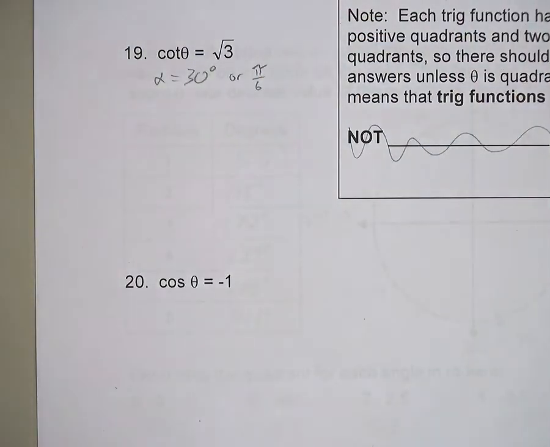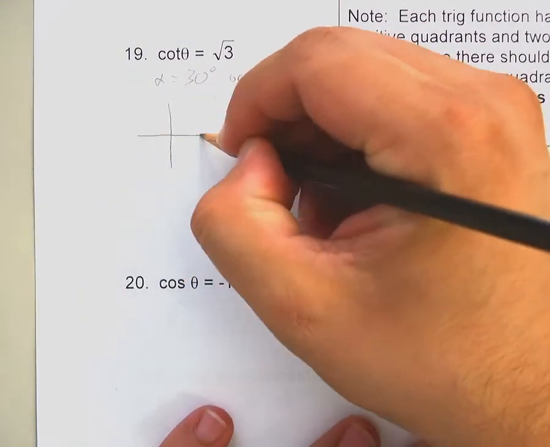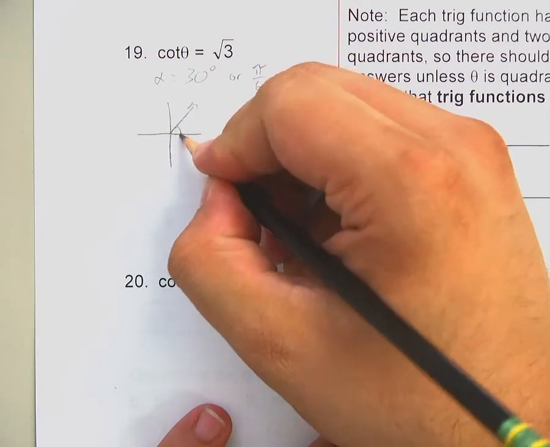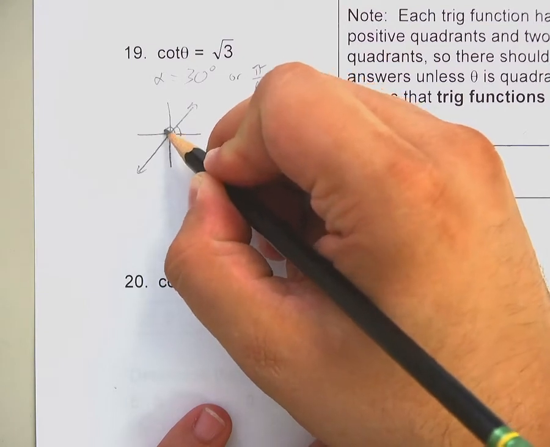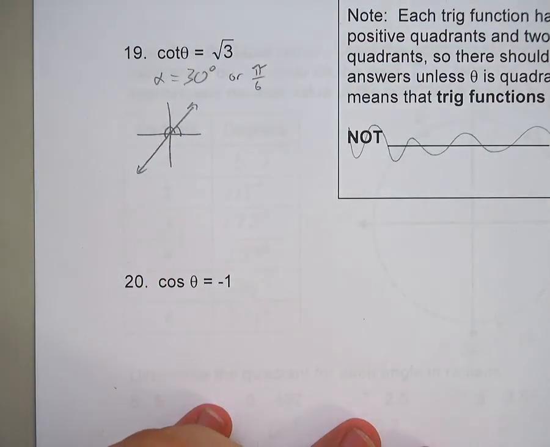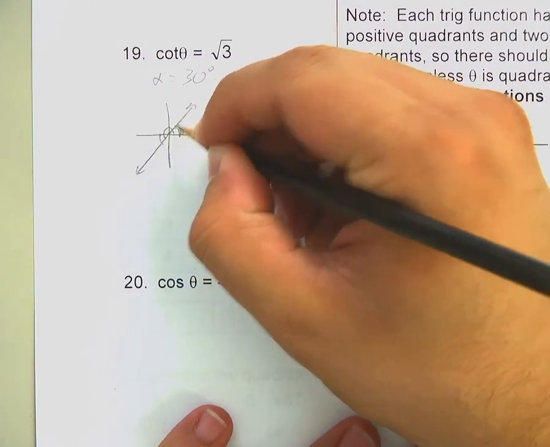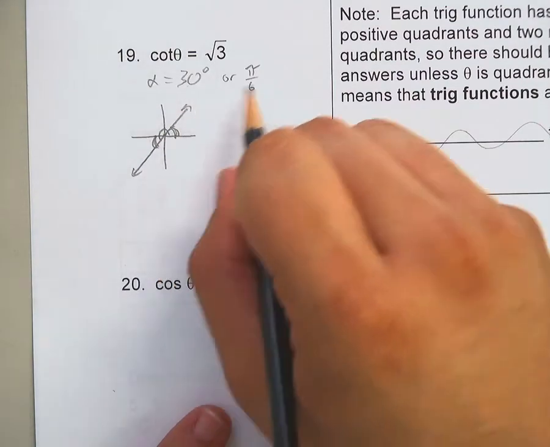Now, from here, very simple, place your cotangent where cotangent is positive. Cotangent is positive in the first quadrant. Cotangent is positive in the third quadrant. That means your reference angles here are 30 degrees and pi over 6.